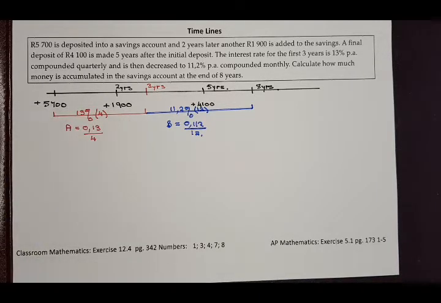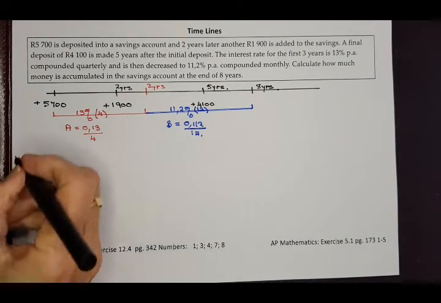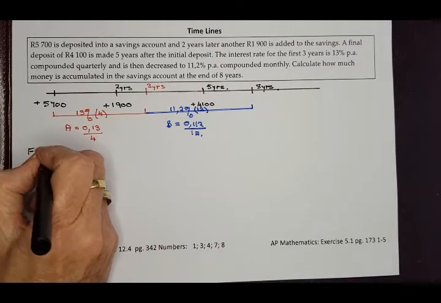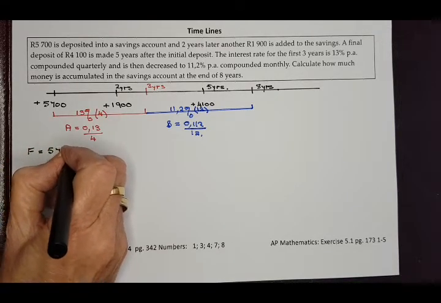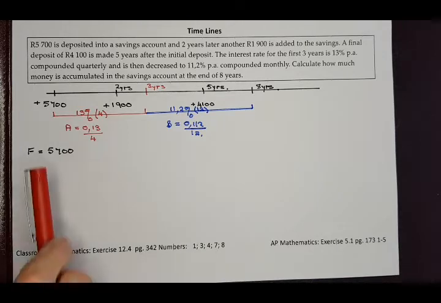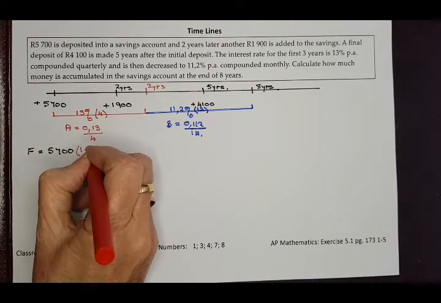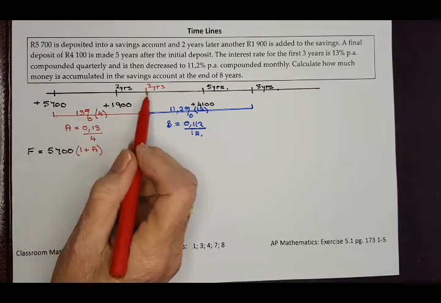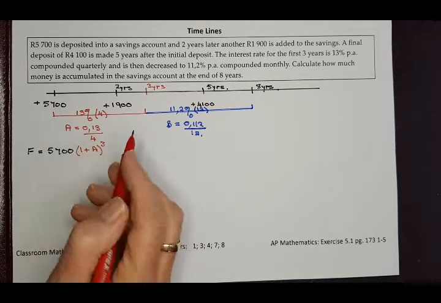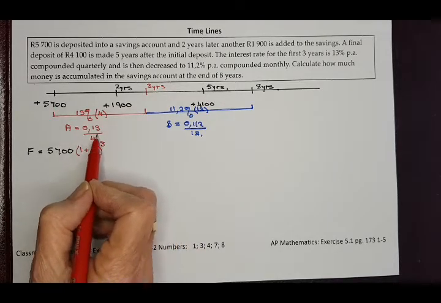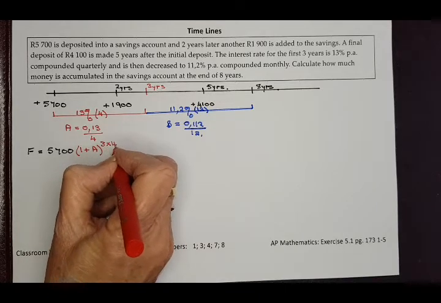Right, let's work out what happens to each one of these investments. Always work out every single thing you do right to the end of that 8-year period. Okay, so my future value is 5,700. Initially, it's interest rate A. 1 plus A. It's for a period of 3 years, and the compounding period for A is quarterly.